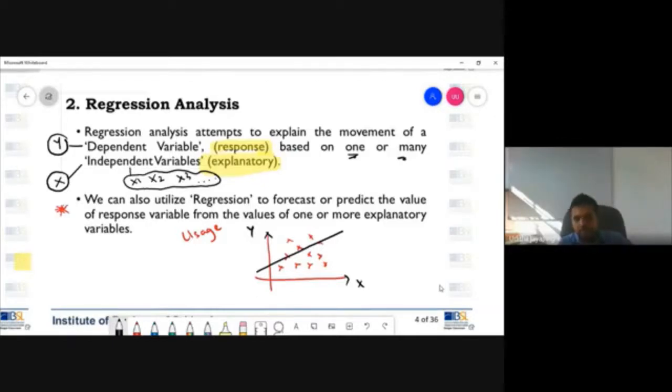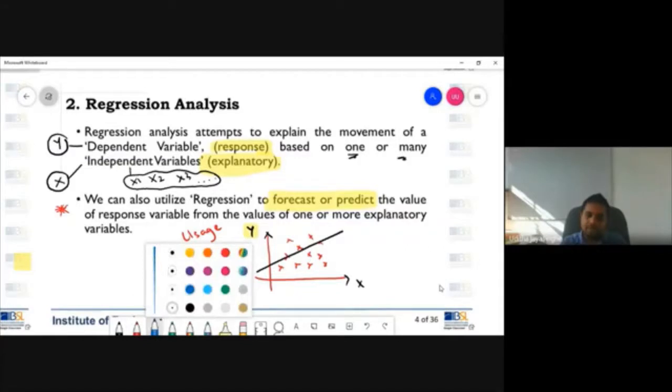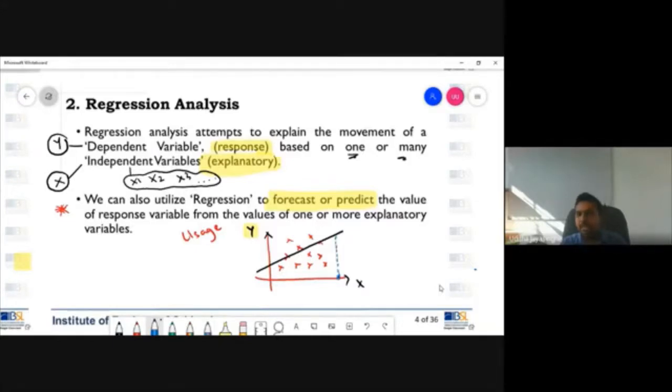What is the second bullet point going to tell you? It is going to tell you that we can forecast or predict the value of the response variable, that is this y variable, from the values of one or more explanatory variables. Now students, we know from our earlier studies, if we know a line, and for an unknown x variable we can use this particular line and forecast the value for the y variable.